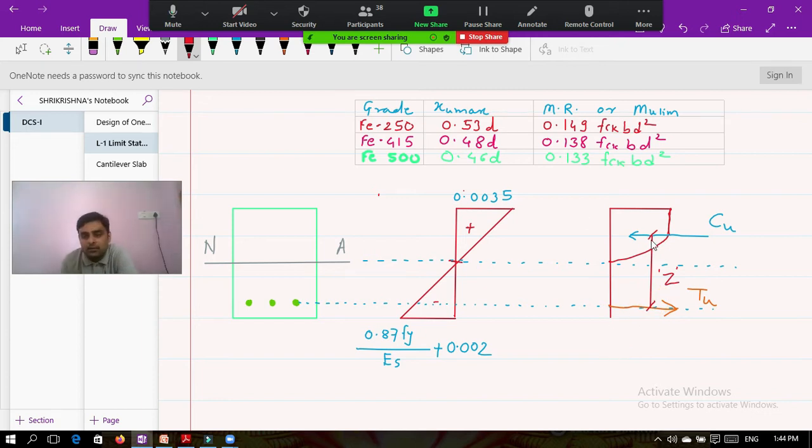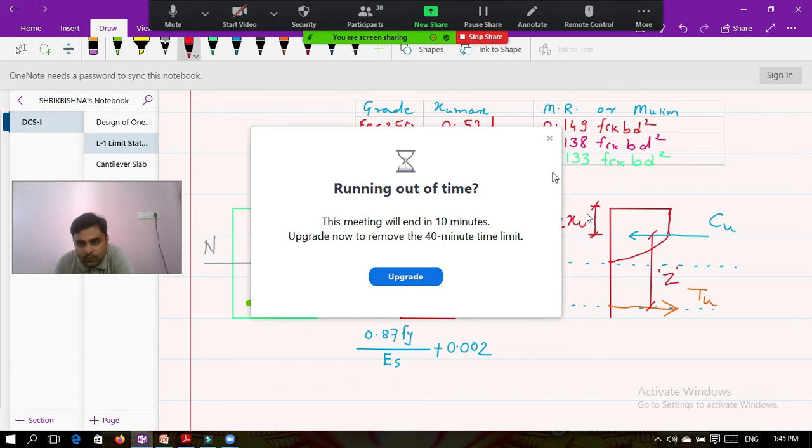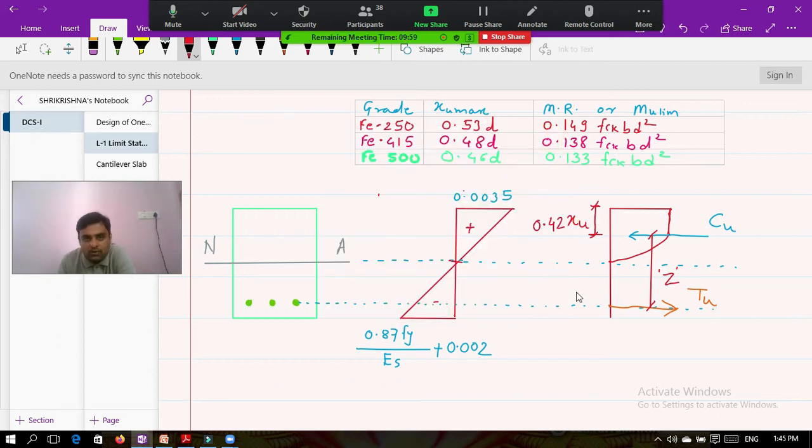Then this compressive force is situated at a distance from the top. We have already seen this also. It is at a distance of 0.42 xu. And what is the effective depth?